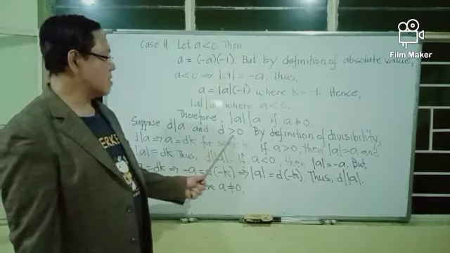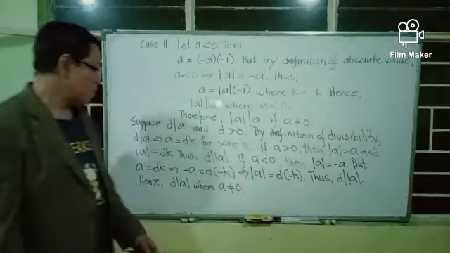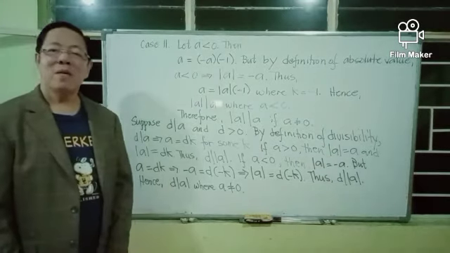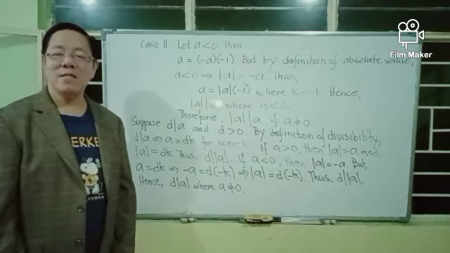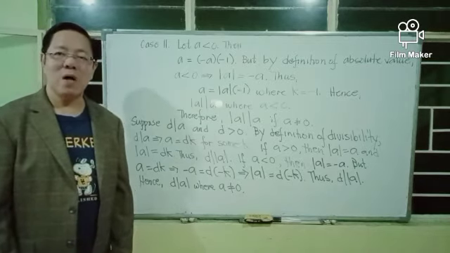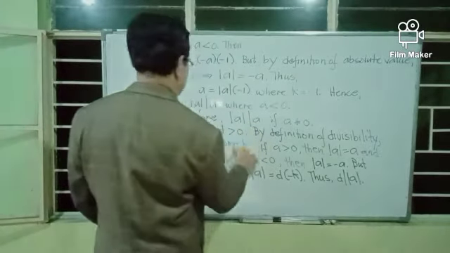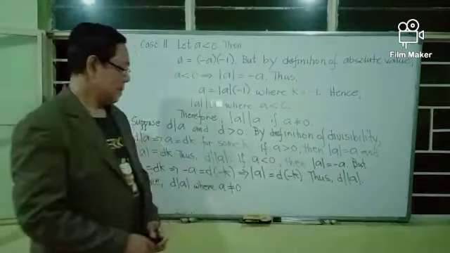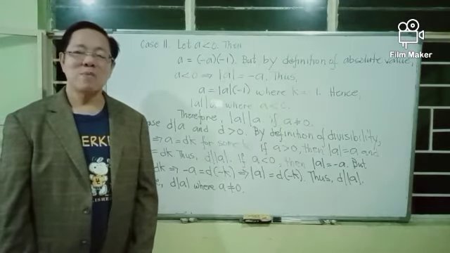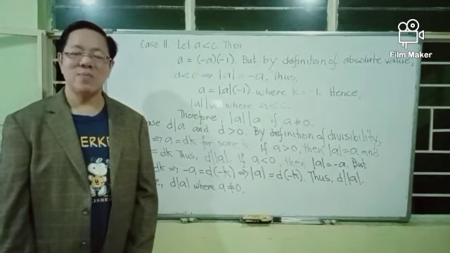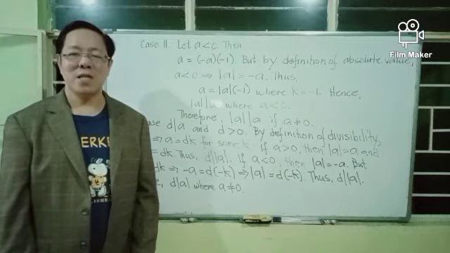If B is greater than 0, positive, and the absolute value of A is greater than 0, positive, and we have shown that B divides the absolute value of A, by comparison property, we conclude that B is less than or equal to the absolute value of A. And from that, we will conclude that the absolute value of A is the largest positive integer that divides A, an integer A not equal to 0.